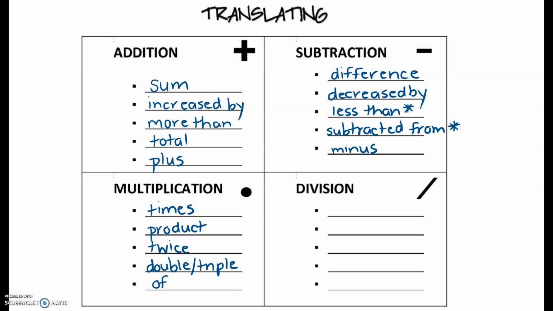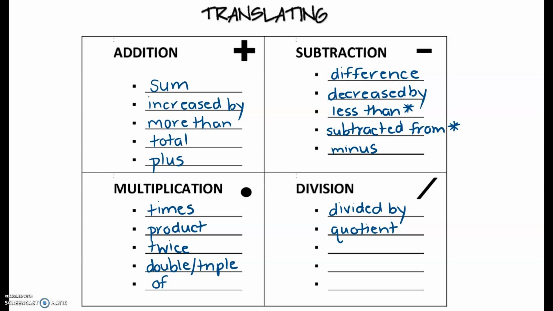Now for division, instead of times, we could possibly be looking for the phrase divided by. Obviously that would be a pretty obvious indication that we should use division in our expression. The answer to a division problem is known as the quotient. So the word quotient would tell us we should divide.